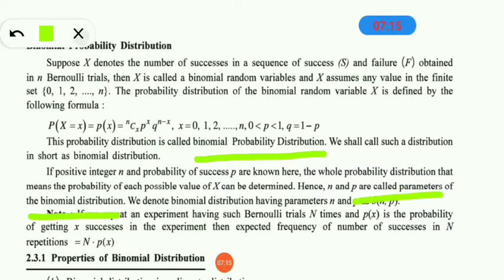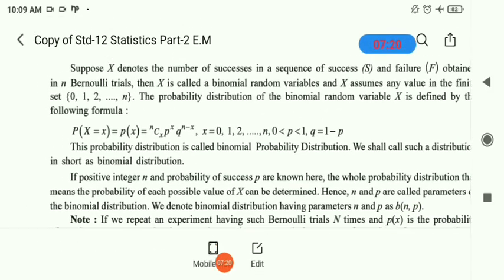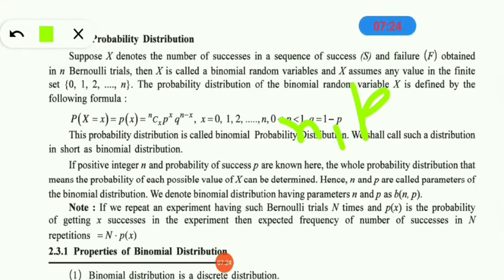Important one: n and p are the parameters of the binomial distribution. Is it clear? We denote a binomial distribution having parameters n and p as B(n, p), where B means binomial probability distribution.